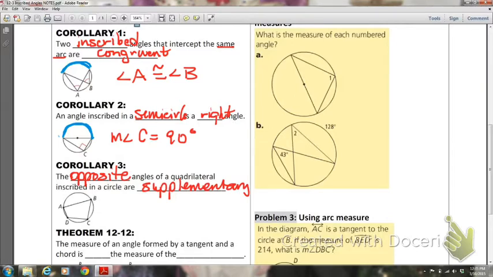A and C are opposite angles, so the measure of angle A plus the measure of angle C has got to be 180. And the other two opposite angles, angle B and angle D, also are supplementary, so they have to add together to be 180.